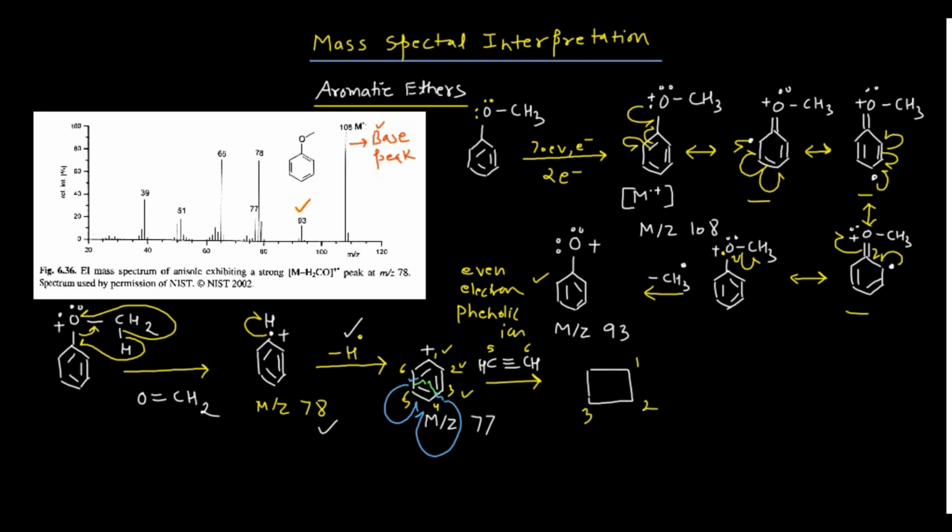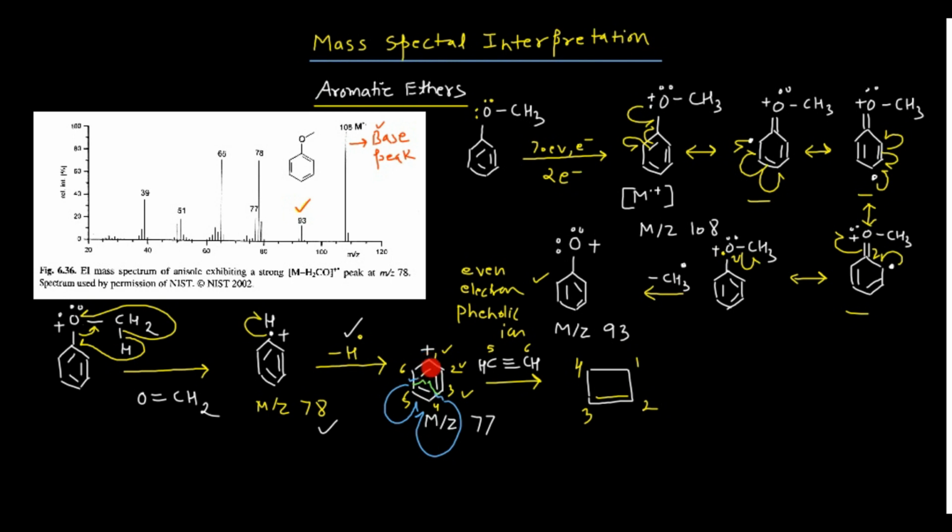At positions 2 and 3 you have a double bond, so I can simply put a double bond at positions 2 and 3. Similarly, you can see the double bond between 1 and 6.